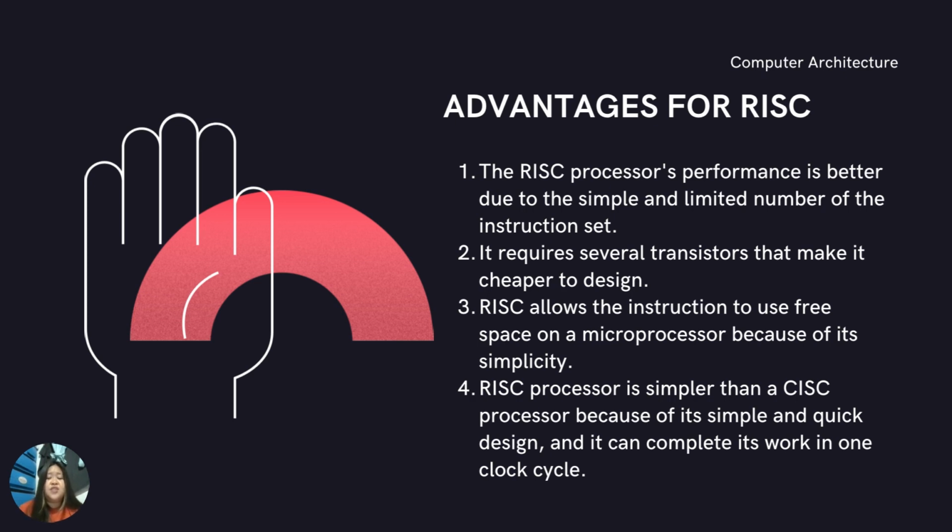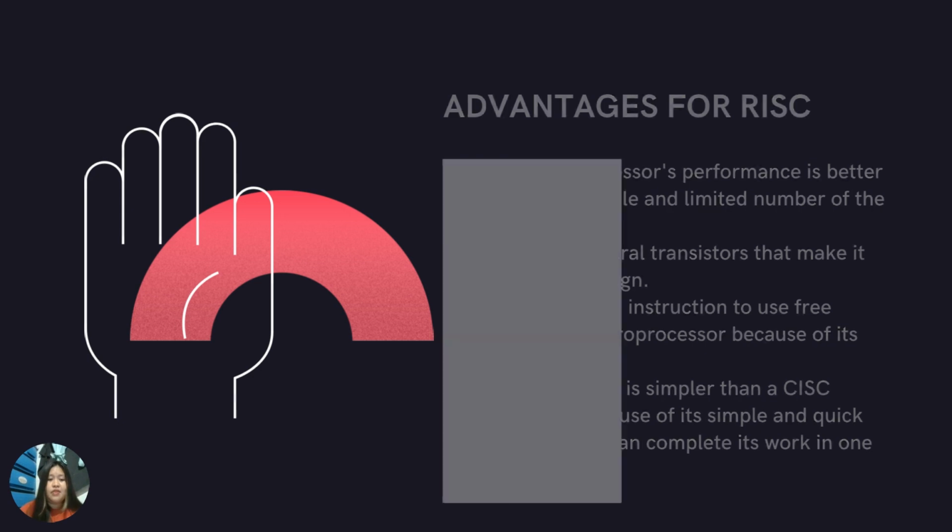So, why is it used free space? It's because it uses a simple instruction. Fourth, or the final one, the RISC processor is simpler than the CISC processor because of its simple and quick design, and it can complete its work in one clock cycle, while the CISC is the complex one.